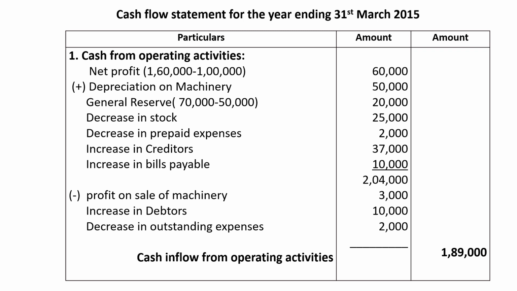From this deduct profit on sale of machinery 3,000, increase in debtors 10,000, decrease in outstanding expenses 2,000. Then we will get 1,89,000 rupees. This amount is treated as cash inflow from operating activities.